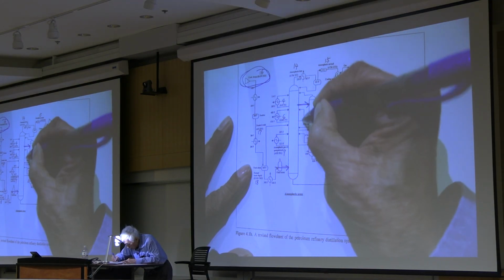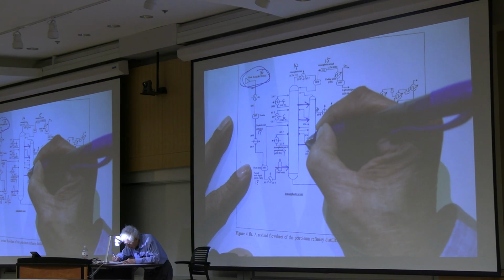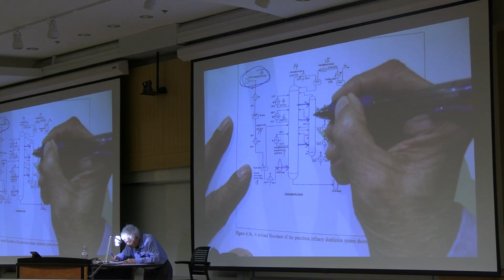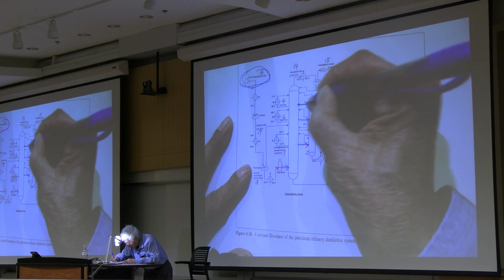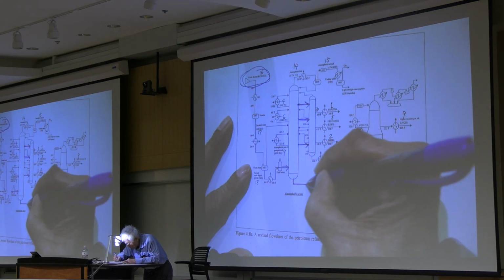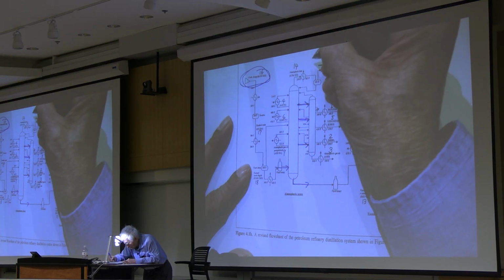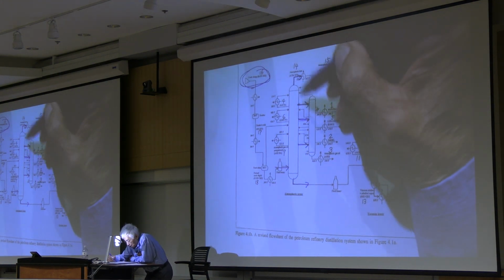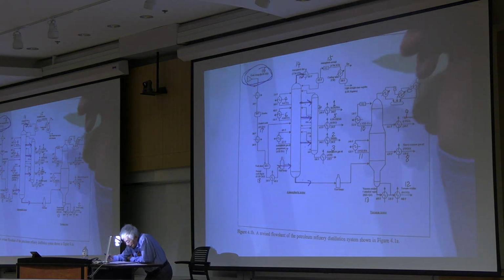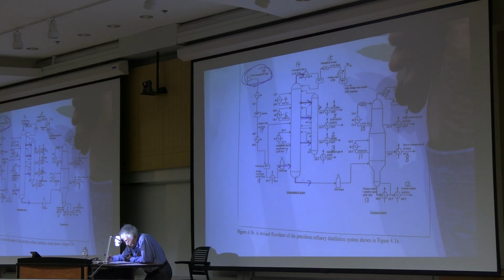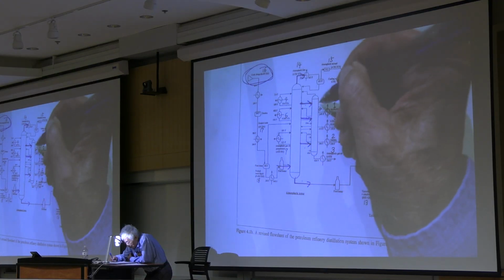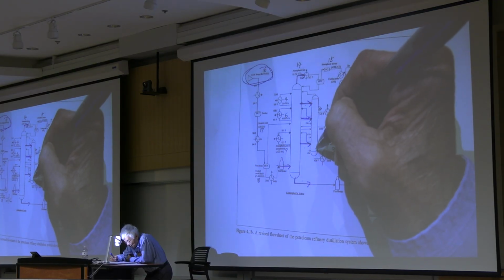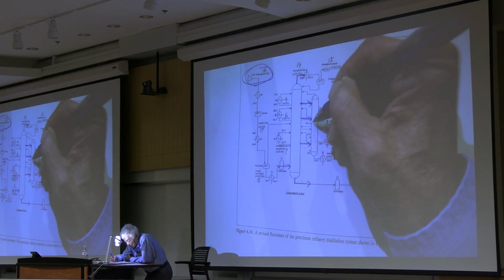You have multiple products coming out. So, essentially you have 1, 2, 3, 4, 5 fractionated product. This is going to go to a side stripping column with steam.